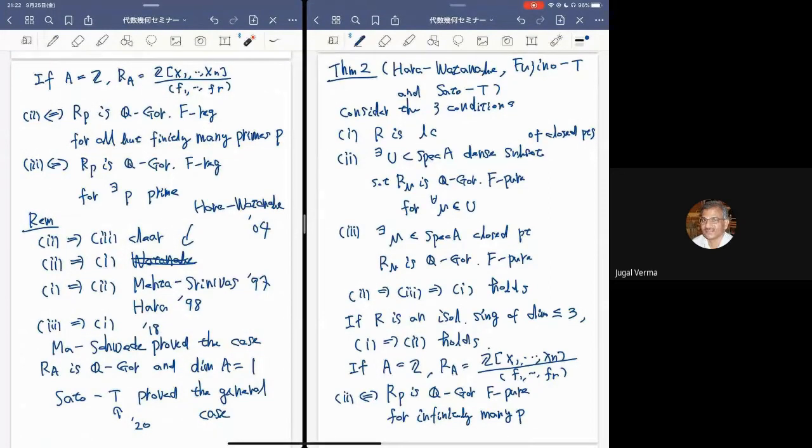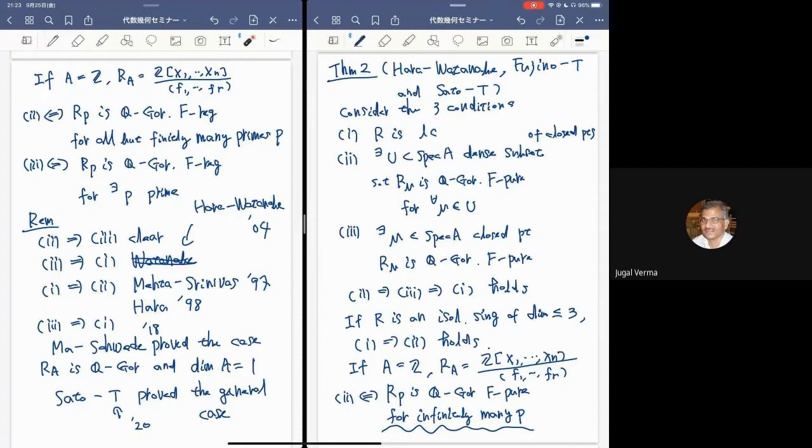So basically, for almost all primes P, R_P is F-regular. But in the log canonical case, only infinitely many primes R_P is Q-Gorenstein F-pure. I will show you an example.